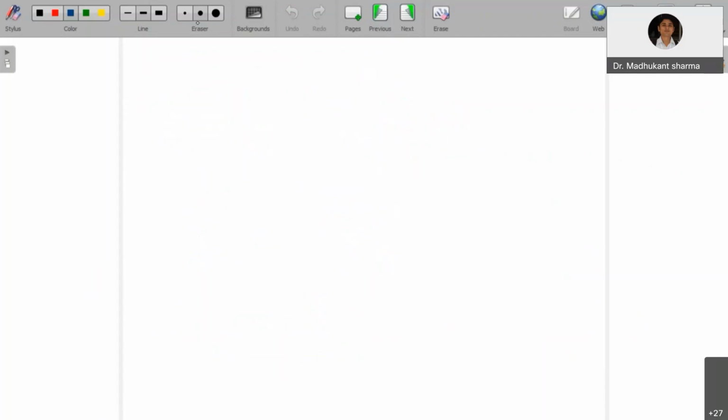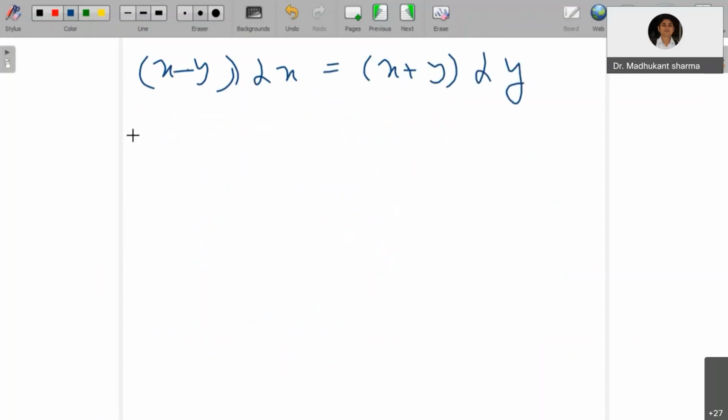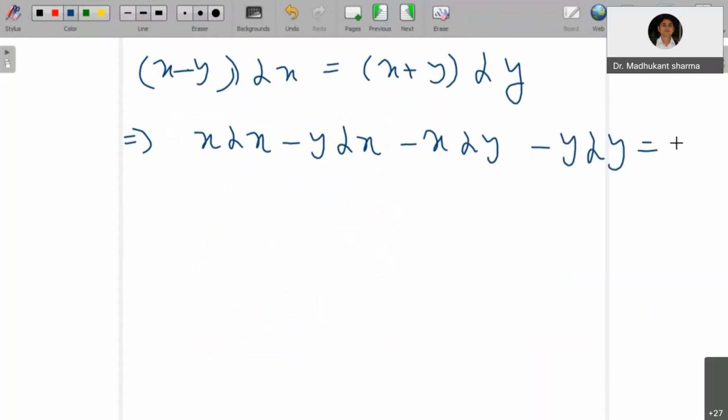So (x minus y) dx, let's try that. (x minus y) dx is equal to (x plus y) dy. So what you will have is x dx minus y dx minus x dy minus y dy equals 0. Now this is x dx minus y dy, and this is minus (y dx plus x dy).